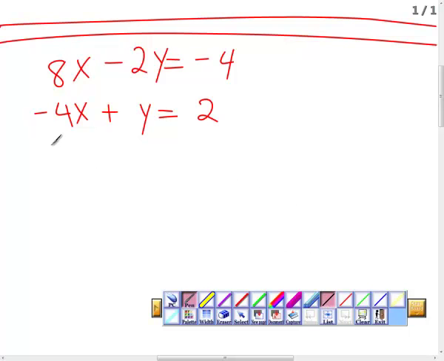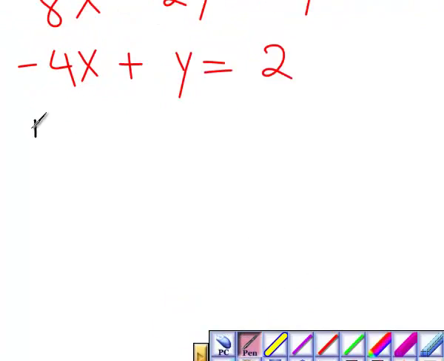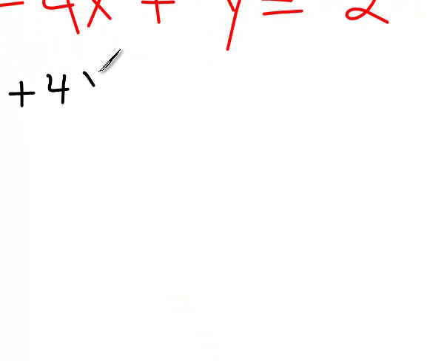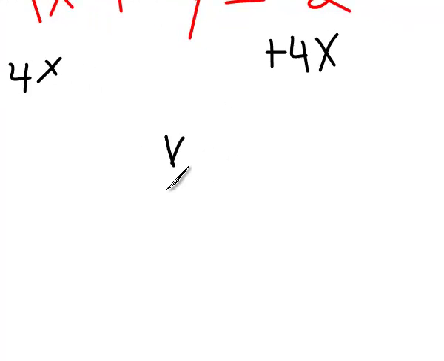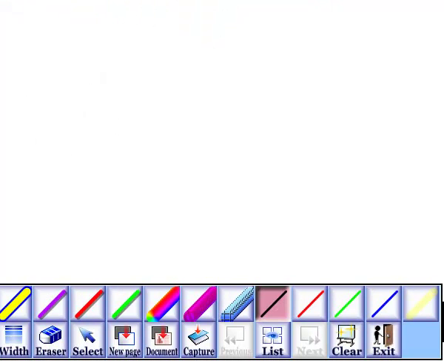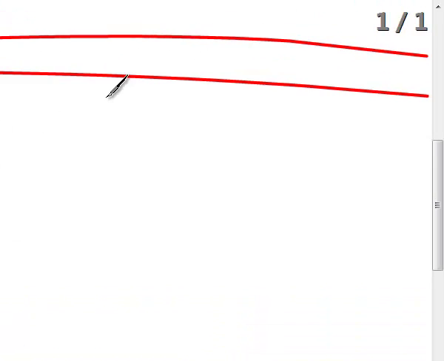Because it's only a 1 and we don't have to divide everything and get fractions, right? And so we solve for y. So we add 4x to both sides, and we get y equals 4x plus 2. So up here at the top, I'm going to use the substitution.